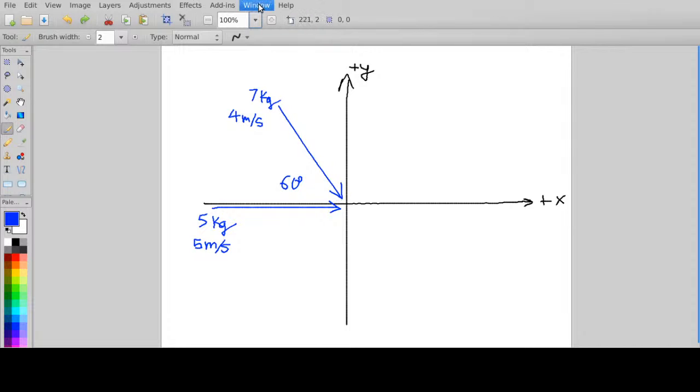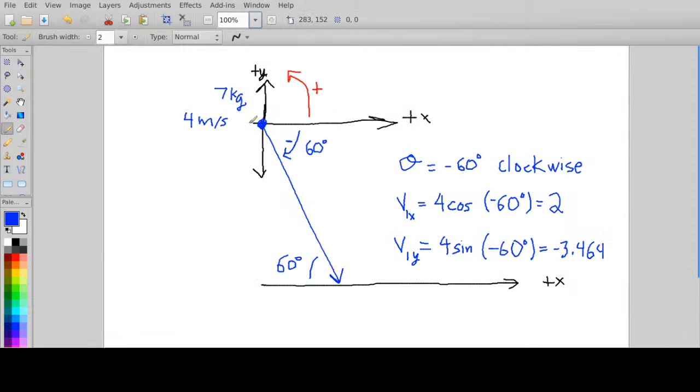So redraw the diagram, or at least that vector, and put the origin at the tail. And then ask, what's the angle that the tail makes with the x-axis? In most of these problems, though not all of them, it'll actually be a clockwise angle. So you start at the x-axis and turn clockwise until you get down to the vector. And if you turn clockwise, then it's negative.